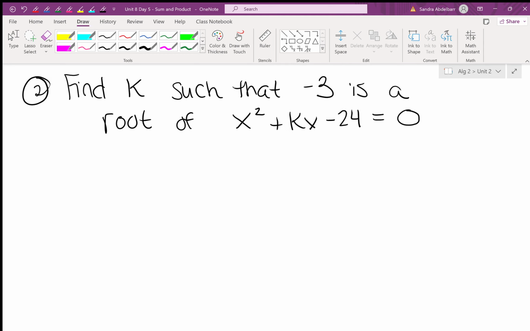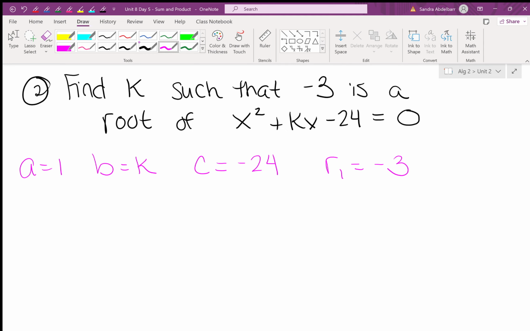Do we have this written down? Okay, so let's figure out what we do know. We know A is 1, we know B is k, and we know C is -24. And what else do we know? We know root 1 is -3.